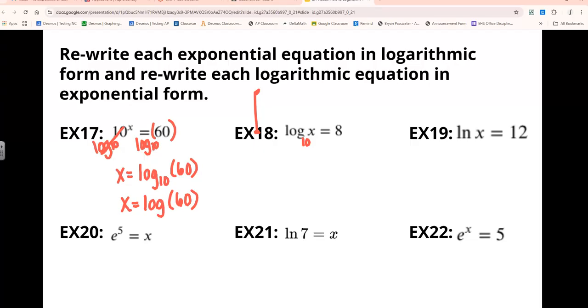The inverse of a log is an exponential. So I want to do 10 raised to the power. If the question already has a log in it, it's not going to still have a log when you rewrite it. So over here, I'm just left with an x. Over here, I've got 10 to the 8th power.